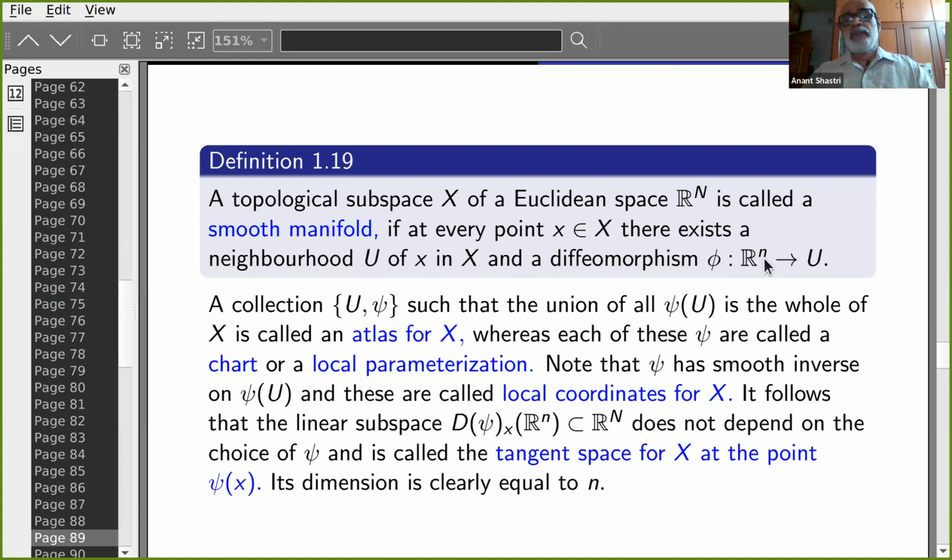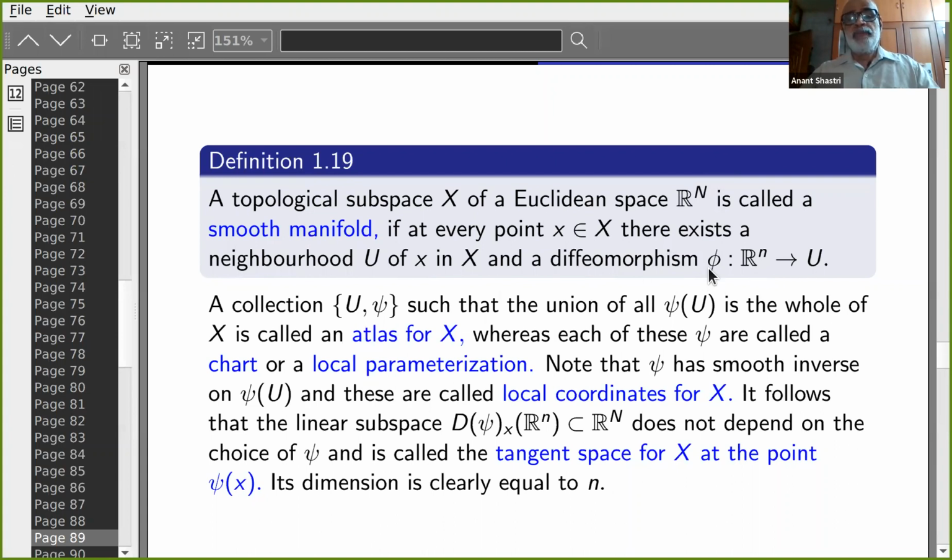This little n is something different. This n is also fixed as far as this definition is concerned. And in that case, we can put one more thing here: smooth n-dimensional manifold, little n here, inside this capital N.